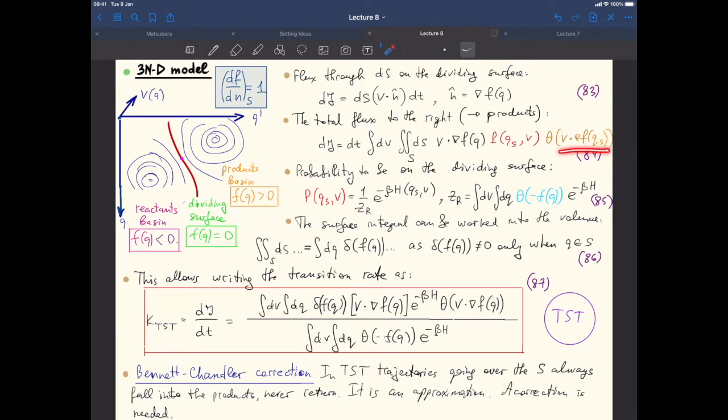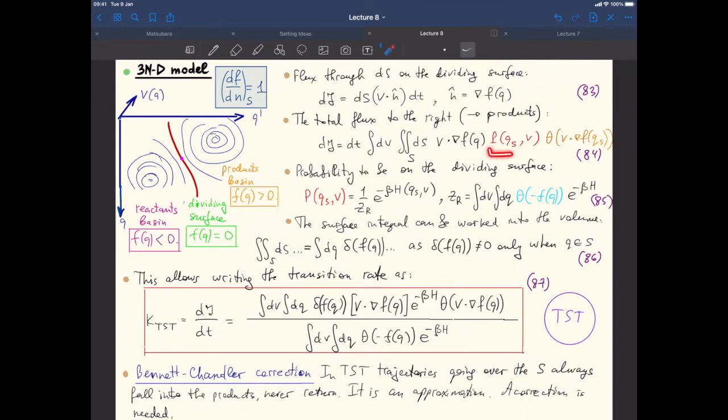It is positive only if the multidimensional vector of velocities is directed towards the product basin, anywhere you stand on the dividing surface. In that case, the Heaviside function is equal to 1. If that product is negative, so the velocity is directed anywhere into the reactant basin, that Heaviside function is equal to 0. So this is the way in this multidimensional velocity integral to take into account the fact that we would like to calculate the flux only to the product basin.